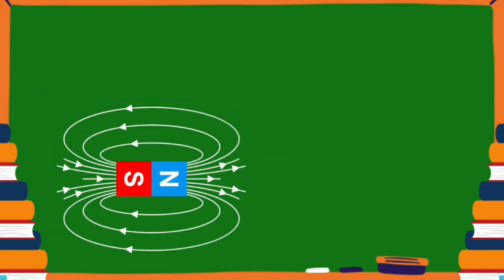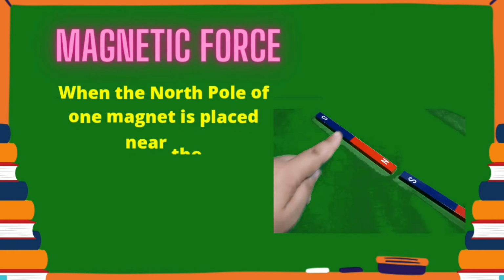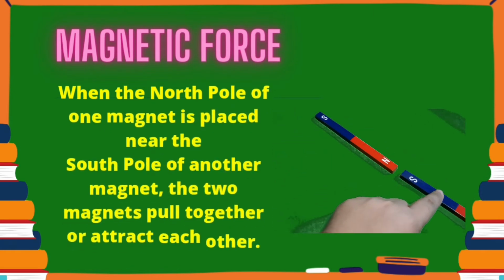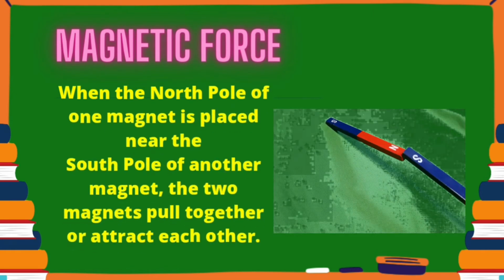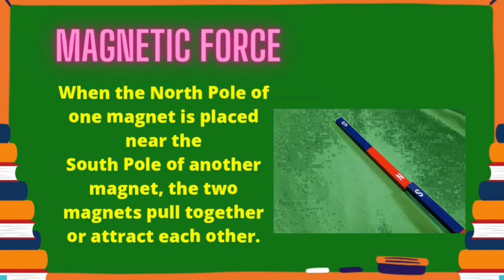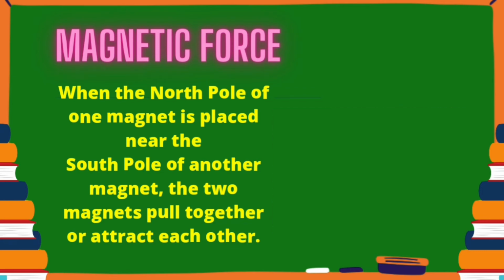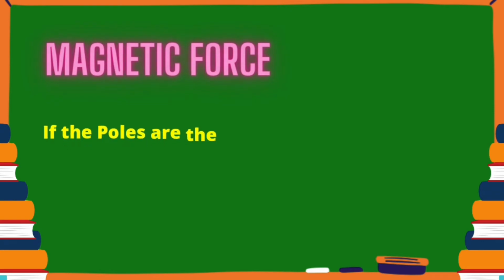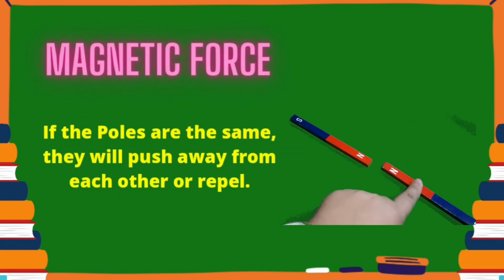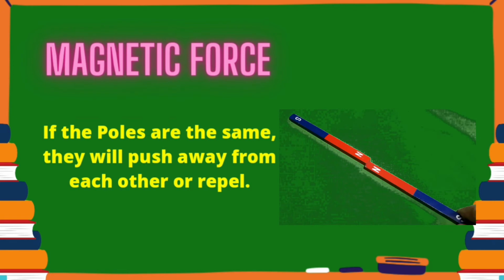When the north pole of one magnet is placed near the south pole of another magnet, the two magnets pull together or attract each other. However, if the poles are the same, they will repel or push away from each other.